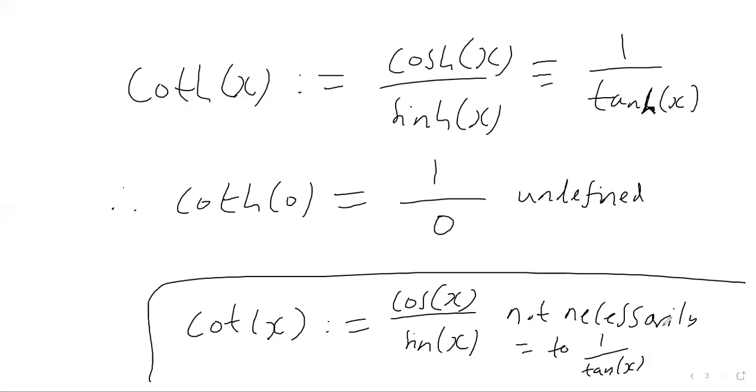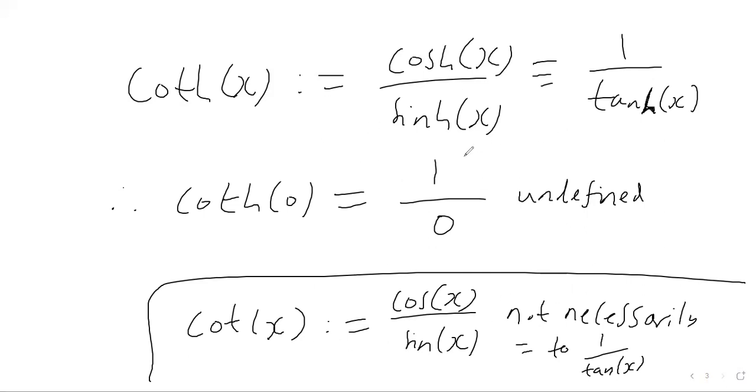The tan function has asymptotes at pi over 2, 3 pi over 2, 5 pi over 2, and so on, and negative pi over 2, negative 3 pi over 2, negative 5 pi over 2, and so on. But sine is defined at those values. Sine is, in fact, either 1 or negative 1 at those values. So this cotangent function is defined at pi over 2, 3 pi over 2, 5 pi over 2, and so on, and the negative versions as well. But 1 over tan is not defined at those values. So that was just something we made note of.